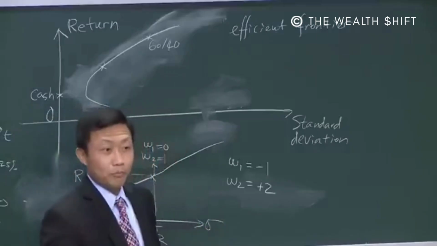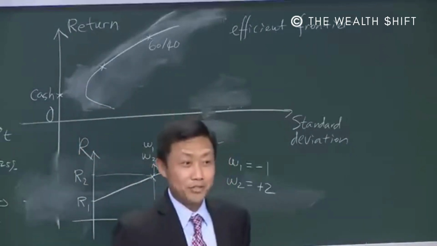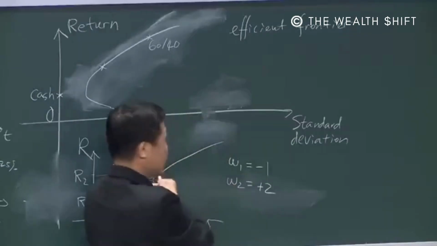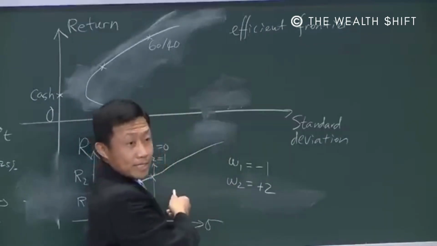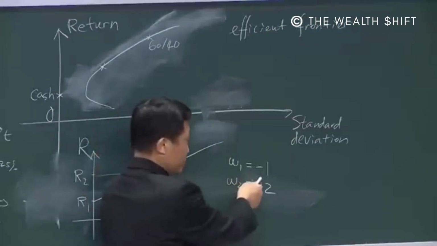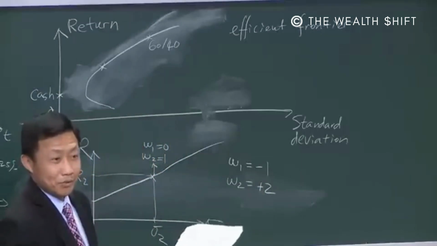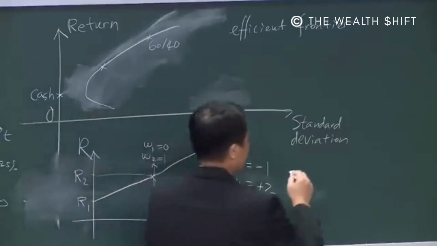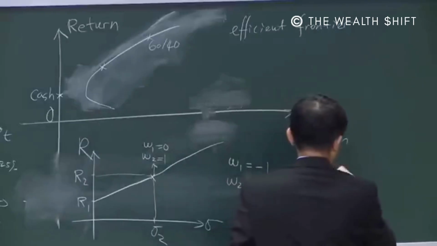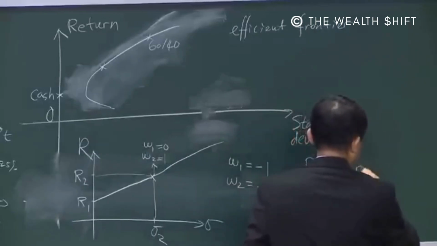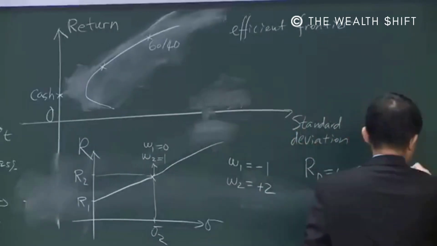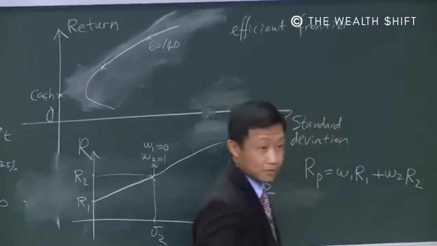You borrow money, you borrow 100% in cash, then put it into buying equity or whatever risky assets here. So you have plus 2, minus 1. What does the return look like when you do this? RP equals W1 R1 plus W2 R2.